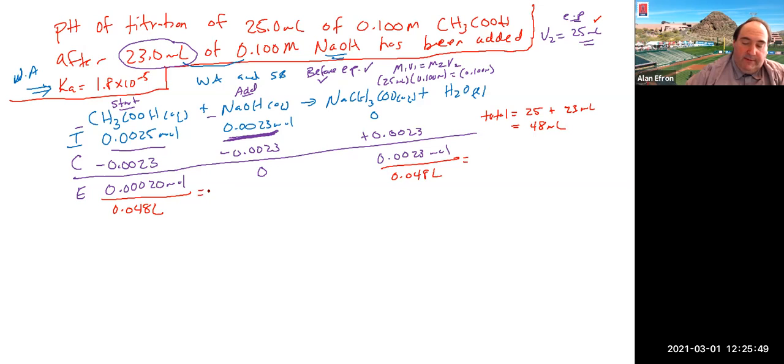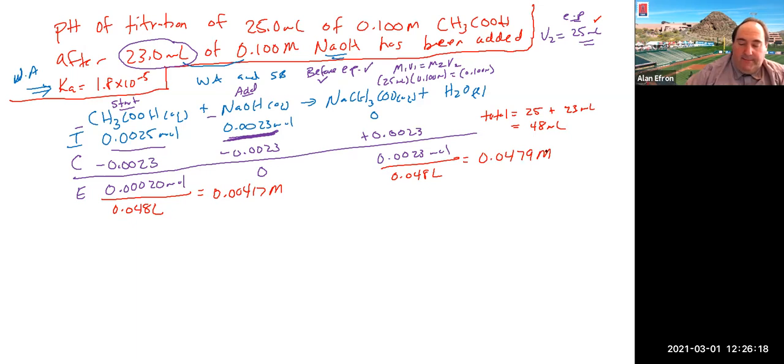That's going to give us 0.002 over 0.048. That looks like we got like a 0.00417, we'll call it, and 0.0023 over 0.048. This particular case here gets a 0.0479 molar in that particular case.